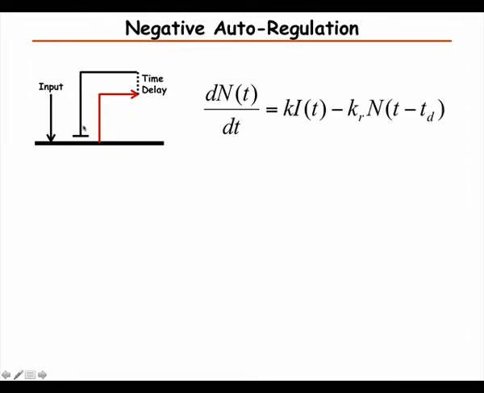So what we get is a very simple formula where we have a constant times the input signal, and then minus, that's the negative regulation, another constant times the number of, let's say, mRNA in this case, and then there's a time delay.